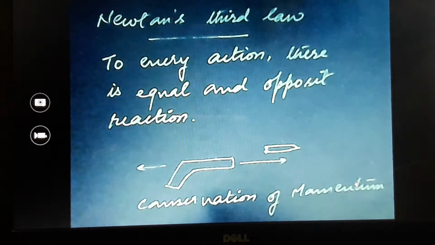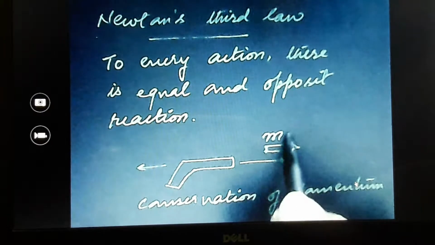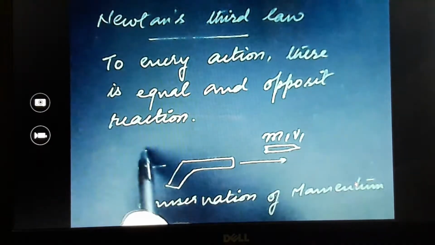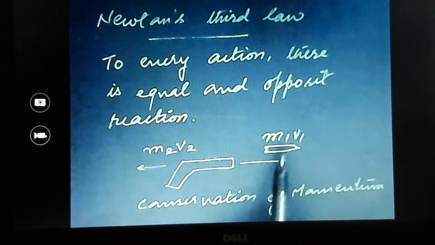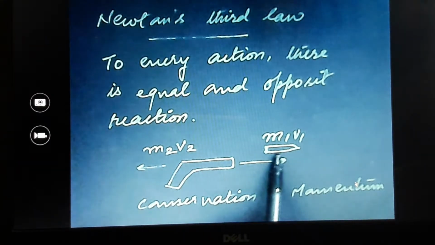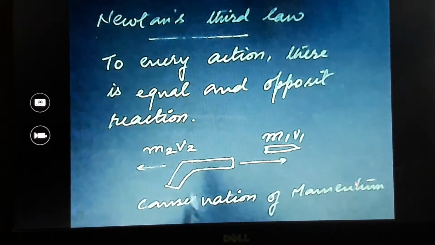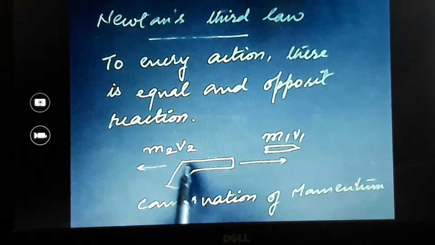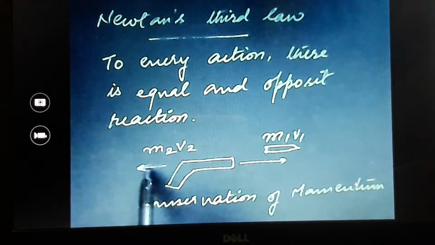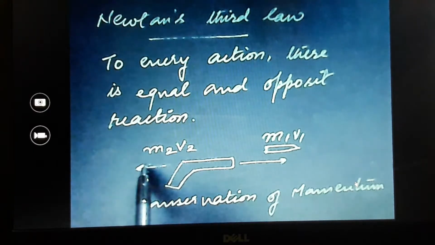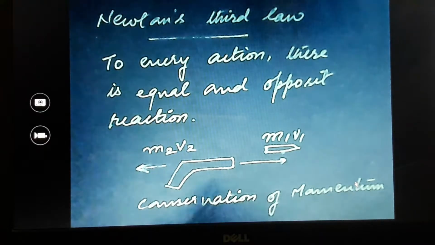Conservation of momentum is like the momentum produced by the bullet, let's say m1v1, will be the same as the momentum produced by the gun. And you know that the mass of the bullet is quite less, very less in fact, as compared to the mass of the gun. So that's why we receive a lesser velocity. The gun will recoil with much less velocity as compared to the bullet, right? So that is the reason.